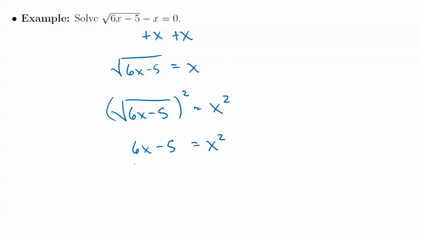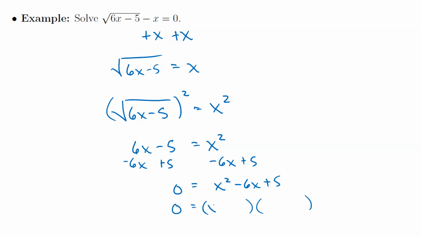We want to get the terms on one side and 0 on the other. So we'll have 0 equals x squared minus 6x plus 5. And then let's see, this factors into x minus 1 times x minus 5.